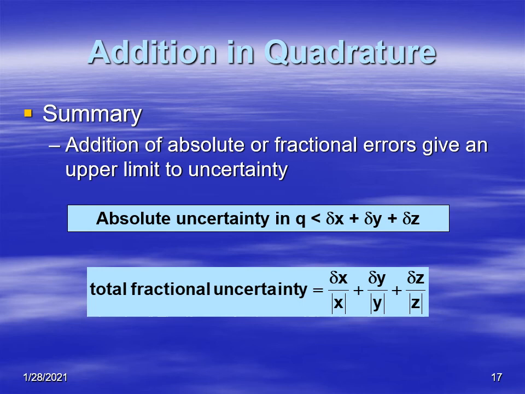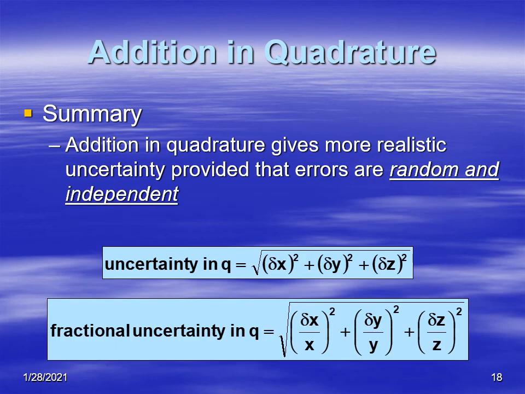In summary, when you add up absolute or fractional uncertainties, depending upon the type of calculation that you're doing, you typically get the worst case scenario. You get the upper limit to your uncertainty. And this is common with systematic errors. But if your errors are random and independent, like interpolation errors or estimate errors, then you can use quadrature.